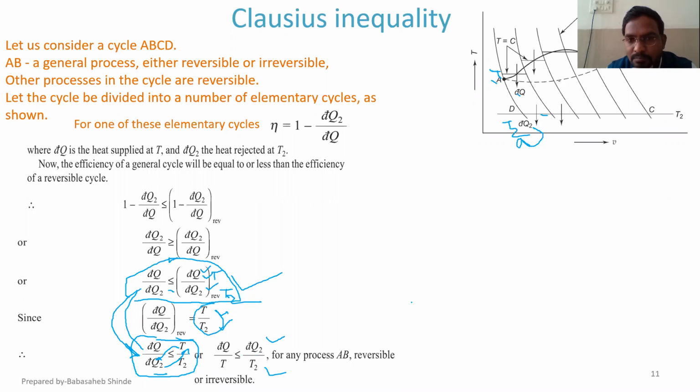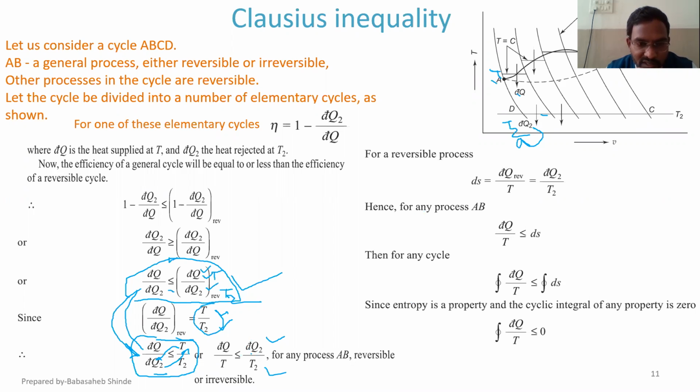Now here, this dq2 by T2 and this dq by T: this dq by T is a normal process or any random process. We don't know whether it is reversible or irreversible, whereas all the other processes are reversible: BC, CD and DA. And this dq2 by T2, dq2 is over here.